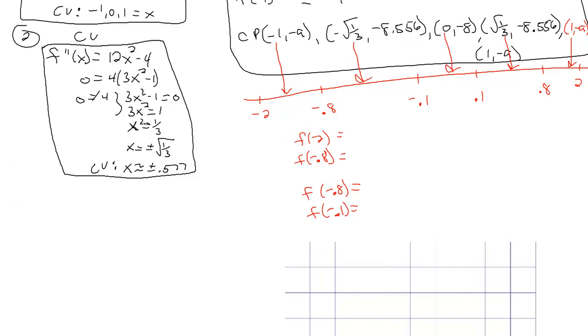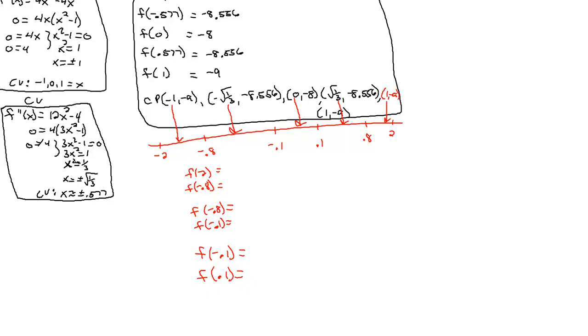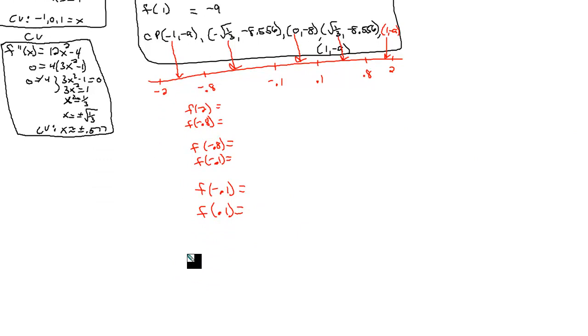Let me fix it. So I made this smaller so I can fit this in here better. And then we're going to have -0.1 and +0.1, and then 0.1 to 0.8, and 0.8 to 2. That's 5 comparisons.